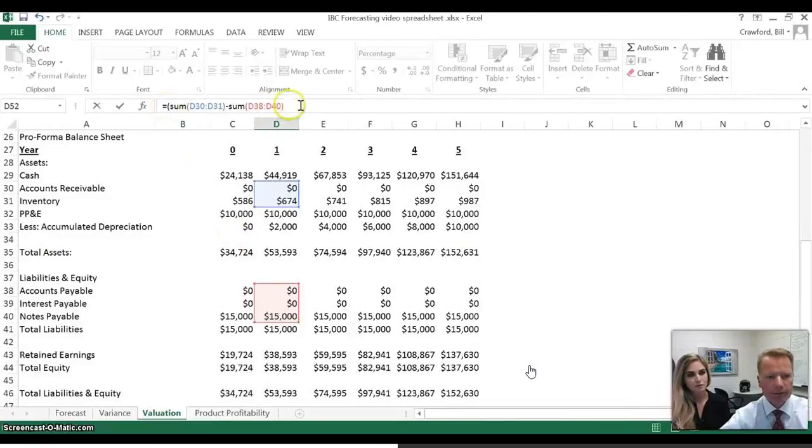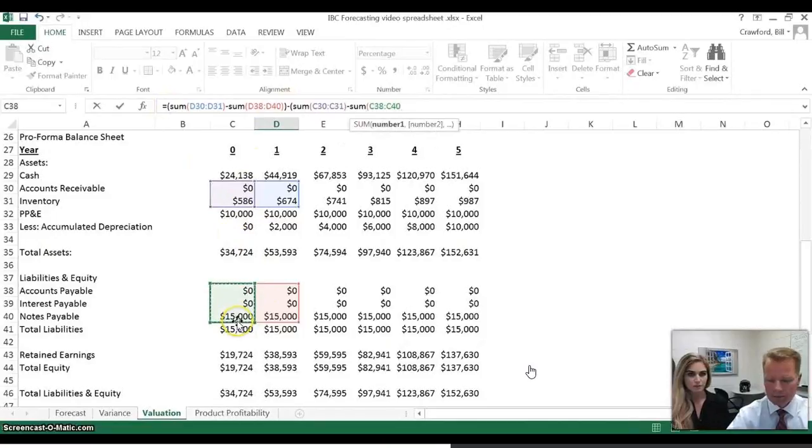So this is the first step in changing our working capital. This is the working capital at the end of year one. But to calculate the change, we need to find out the working capital from year zero. Because that working capital change is going to be whatever this working capital is. Remember, our working capital is just our current assets minus our current liabilities.